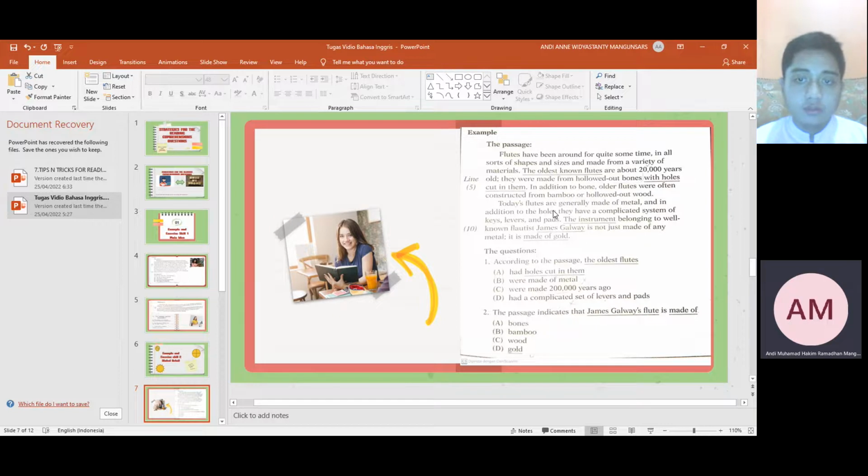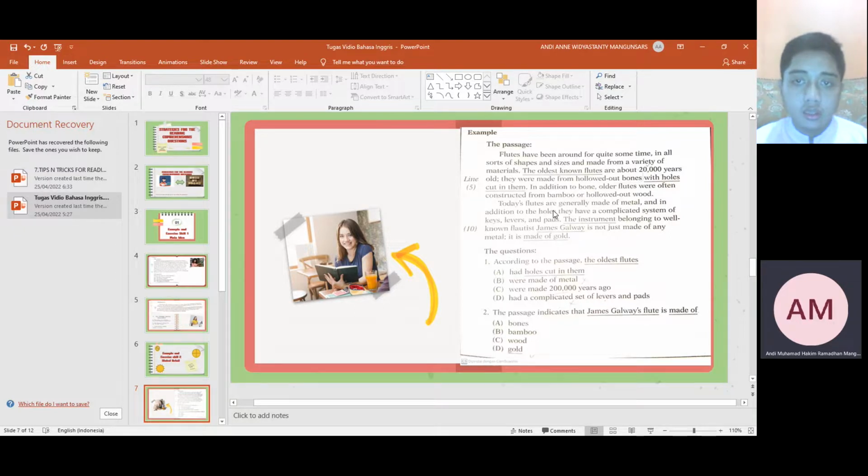In example stated detail, the question 1. Number 1, according to the passage, the older Plutus, the answer is that they were made from wood. Why?